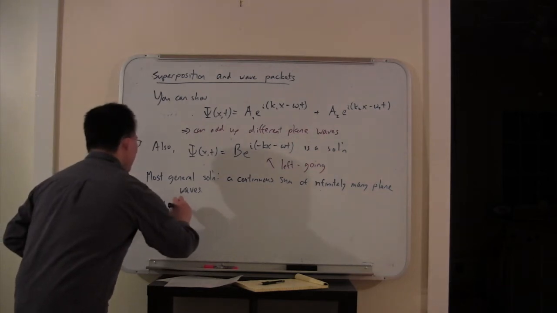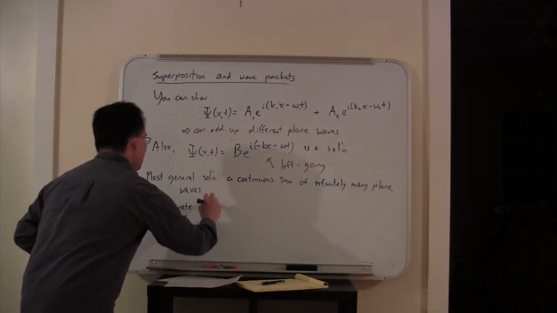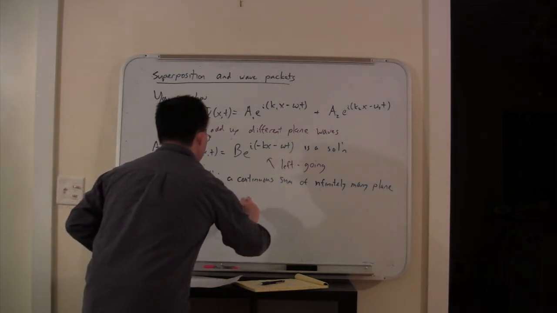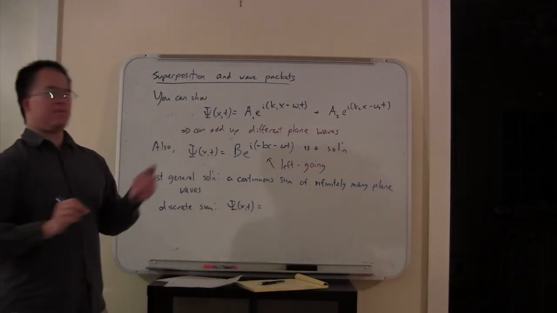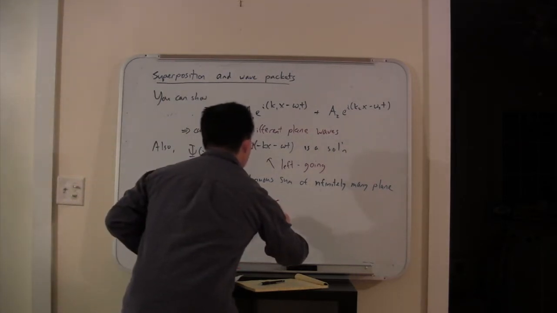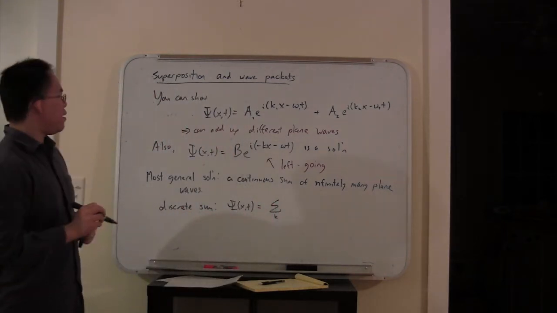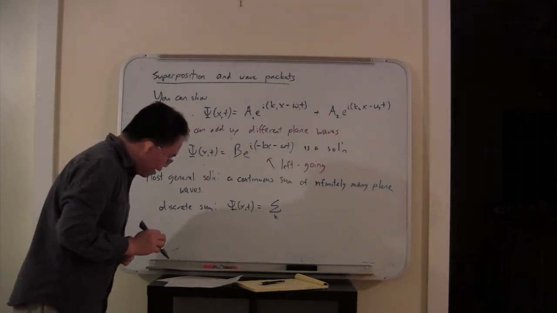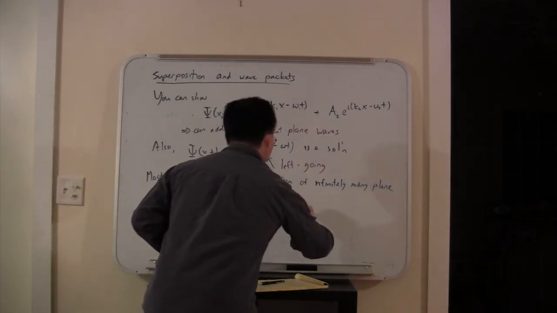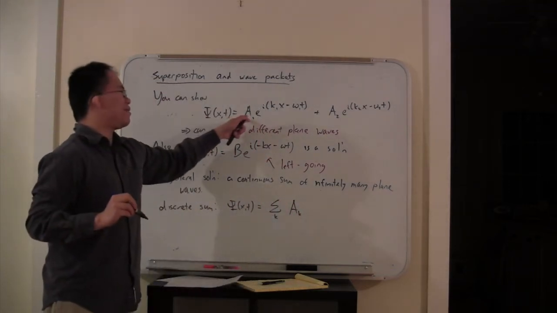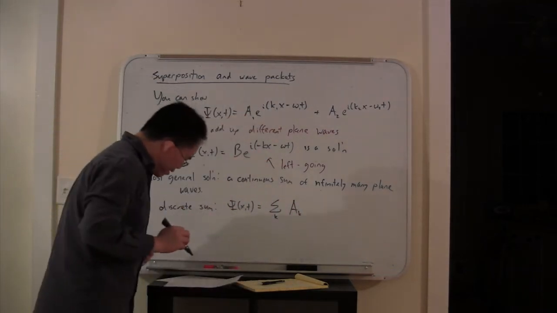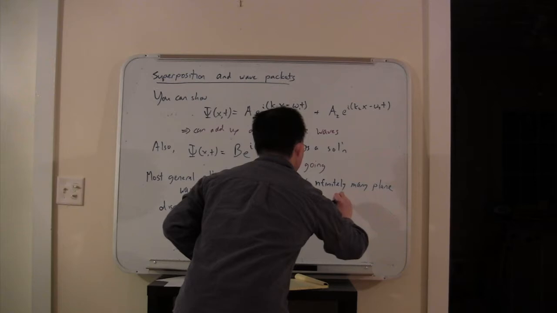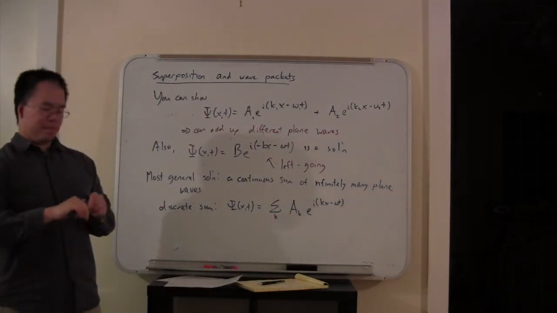The discrete sum would look something like psi of x, t would be some summation, a sum over k, I'll use k as my index, of a sub k e to the i (kx minus omega t).